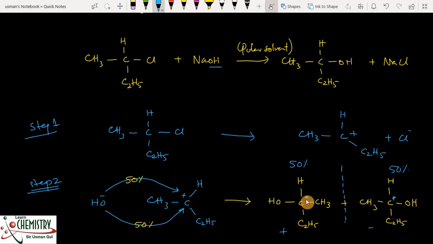Maybe one will rotate plane polarized light clockwise and the other anticlockwise. If you remember stereoisomerism, if I get 50% plus enantiomer, then I will get 50% negative enantiomer. In short, we get a racemic mixture. Now this was the simple mechanism of SN1.